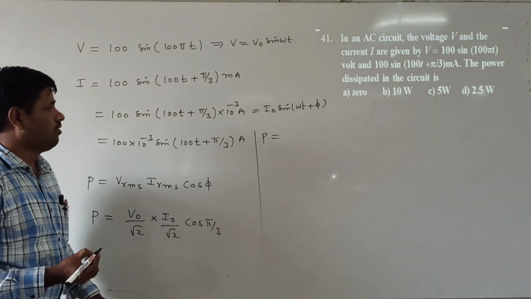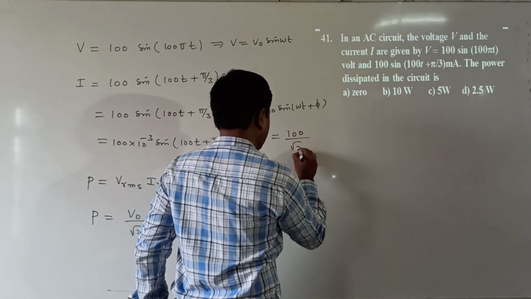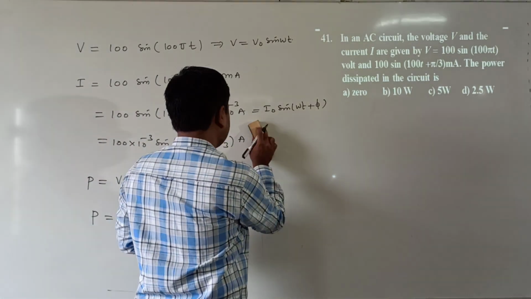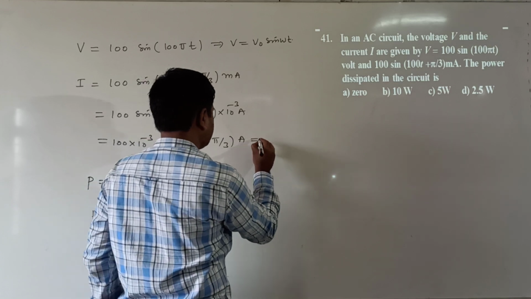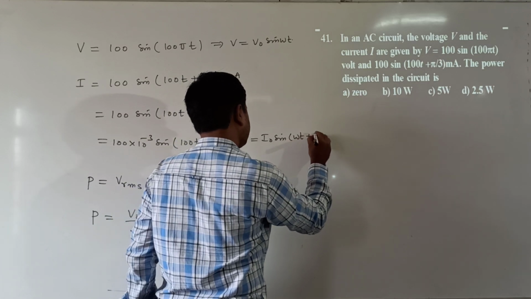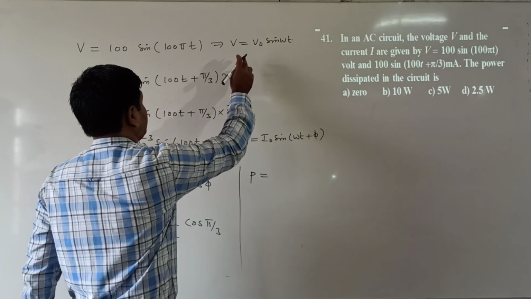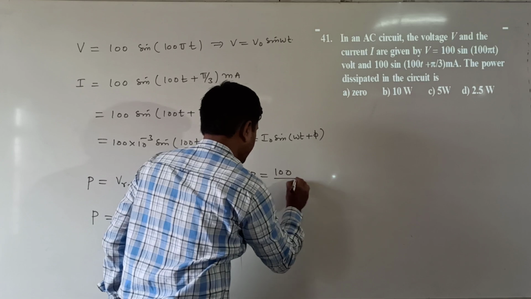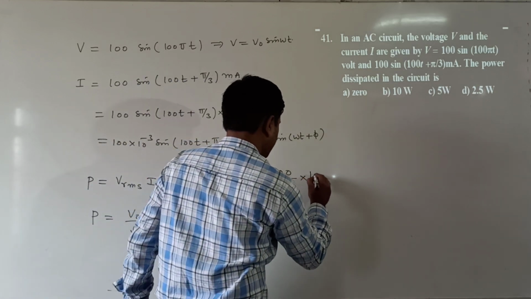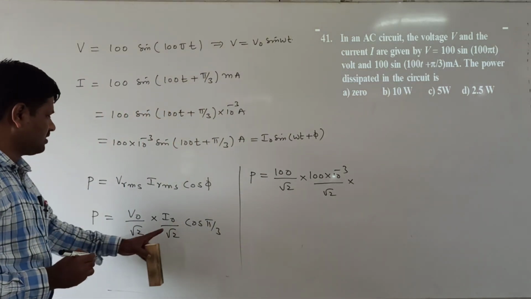Comparing, V naught is 100 and I naught is 100 into 10 power minus 3. So P is equal to 100 by root 2 into 100 into 10 power minus 3 by root 2 into cos phi.